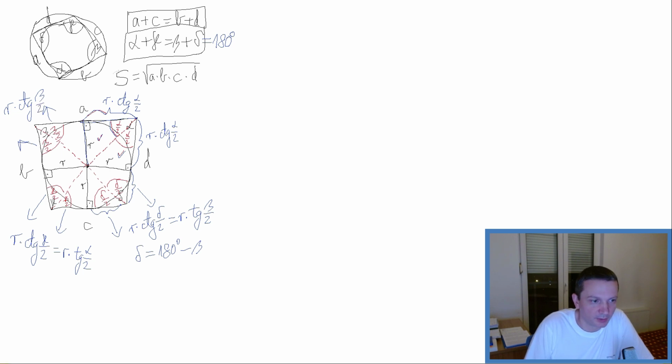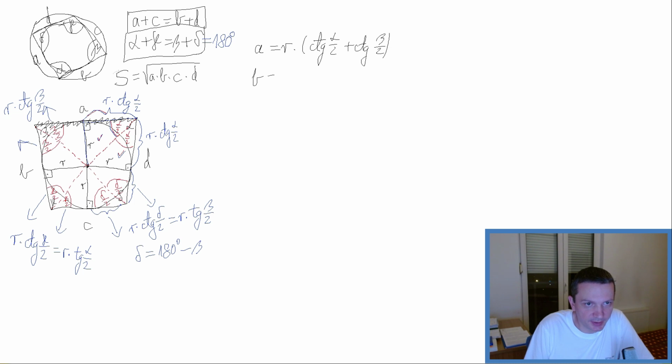So what we obtain here: if we sum this and this, we obtain A. So the side A has length equal to r times the cotangent of alpha half plus the cotangent of beta half.